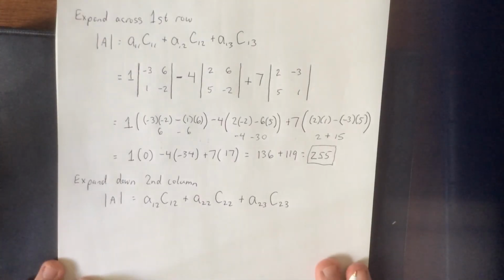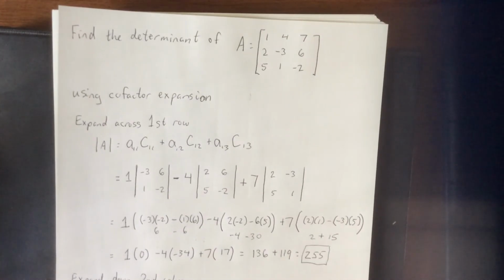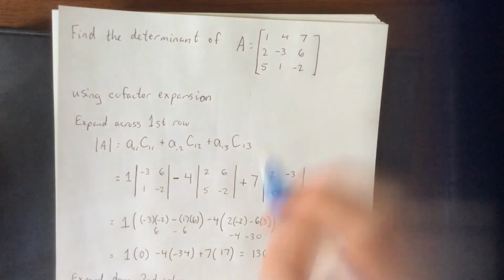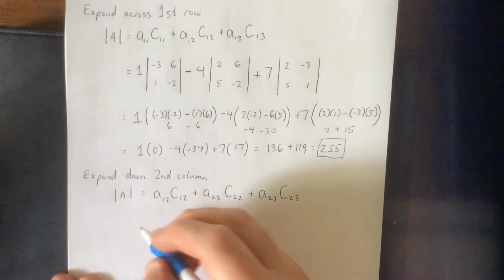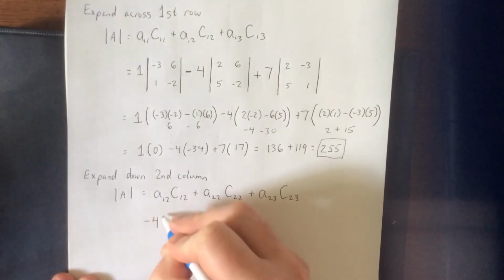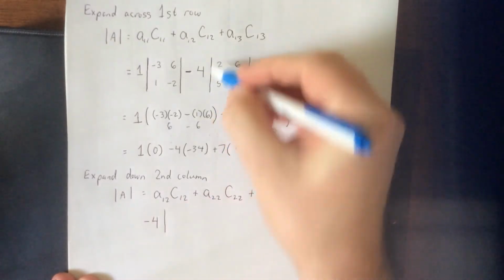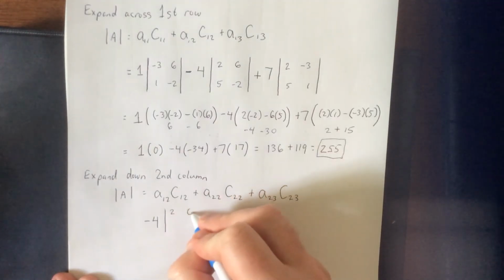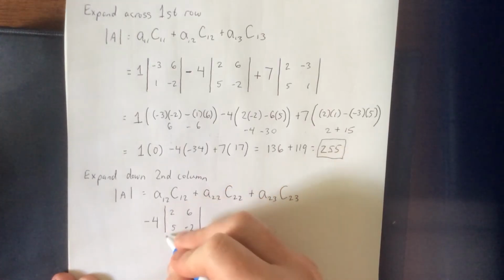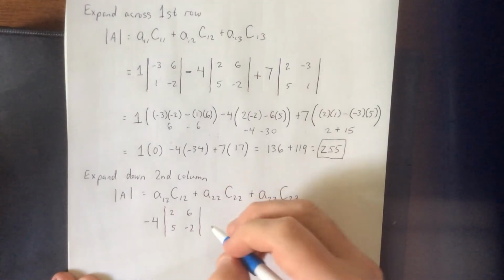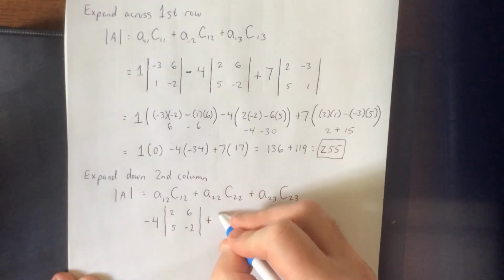Now, it's just off screen now, so let's pull it back on. So again, going down the second column. For the 1, 2 entry, because we have the odd index here, this will be negative 4. Oh, actually, this will be the same thing as our middle term from the last one. So 2, 6, 5, negative 2. Then for the 2, 2 entry, because it has an even index, that'll be plus.